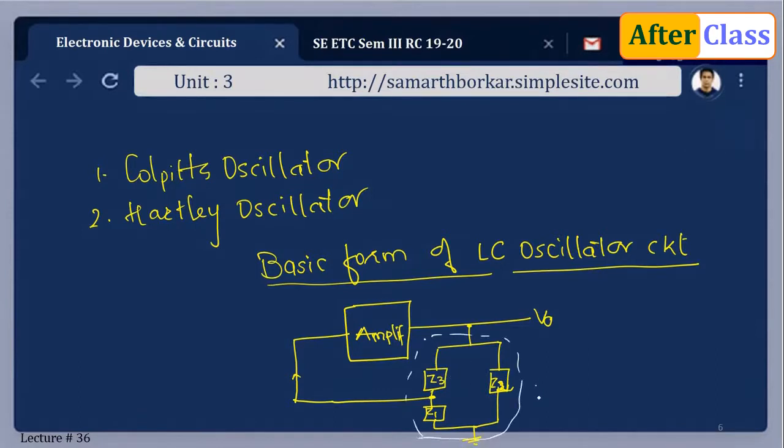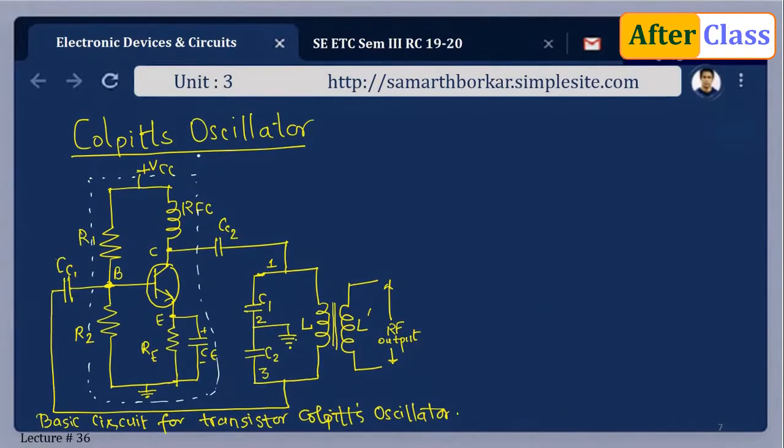Depending upon the impedance we choose, this Z1, Z2, Z3 can be inductor or capacitor, and if I use capacitors in place of Z1 and Z3 and inductor over here, this circuit is then referred to as Colpitts oscillator.